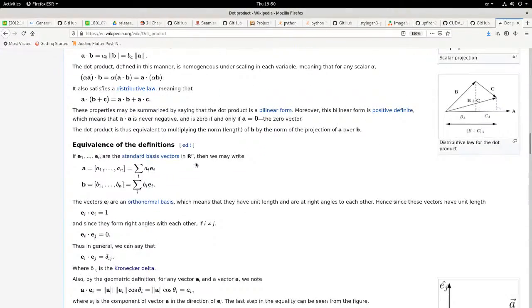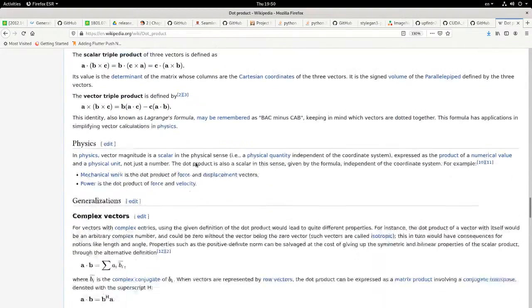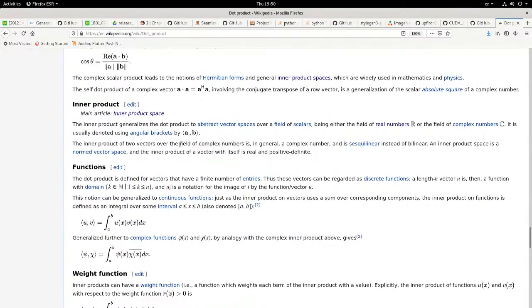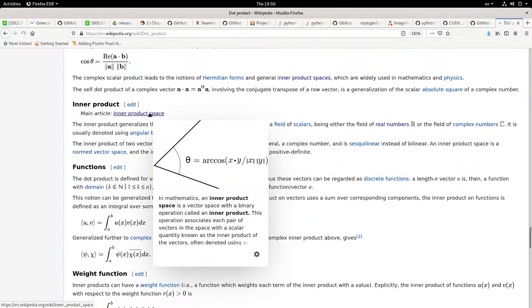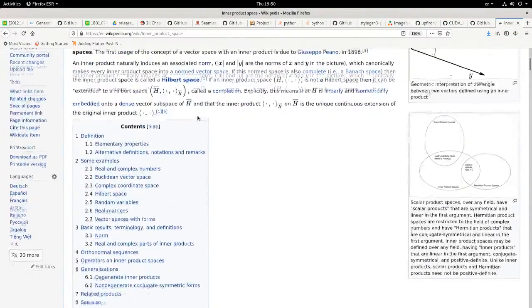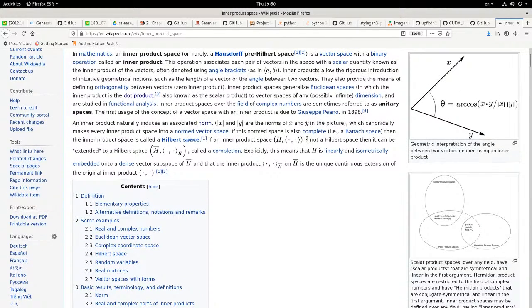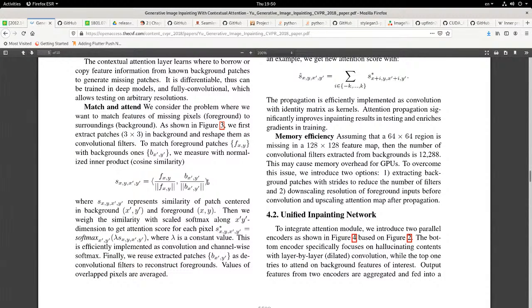Algebraic definition. Properties. Notation. Inner product. Okay, but where's the thing? This right here. So they just find the angle between the vectors.